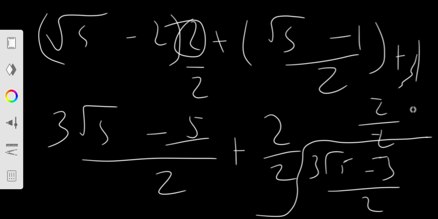So this is our answer. You can take the 3 outside, so it will be 3 divided by 2, times square root of 5 minus 1. So this would be our answer.